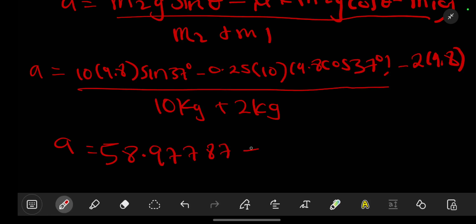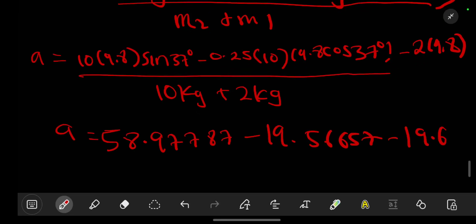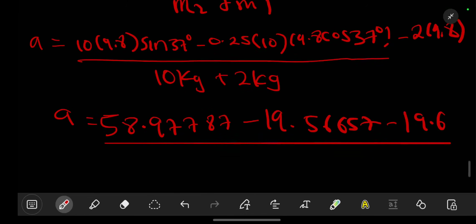Then minus 0.25 times 10 times 9.8 with the cosine of 37, which gives 19.56657. Then minus 2 times 9.8, which is 19.6, over 12 kg.